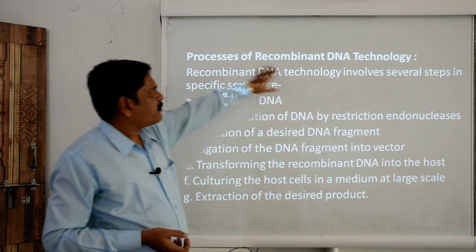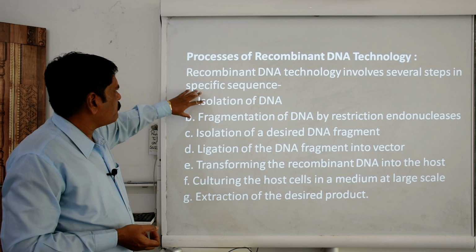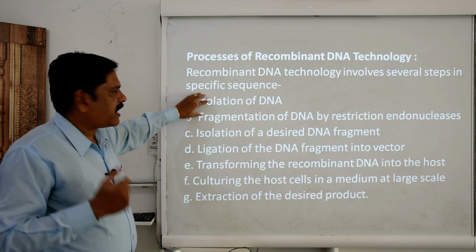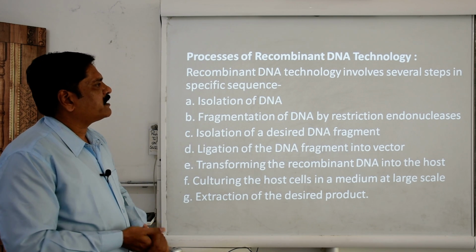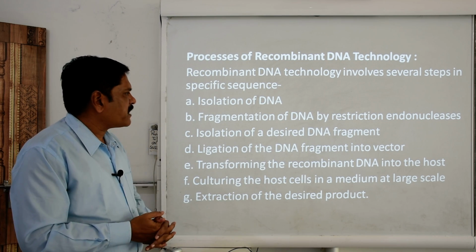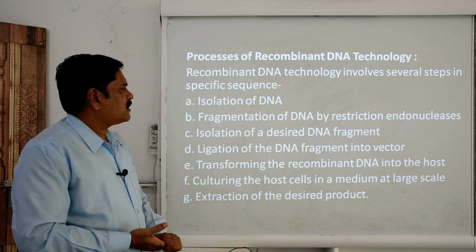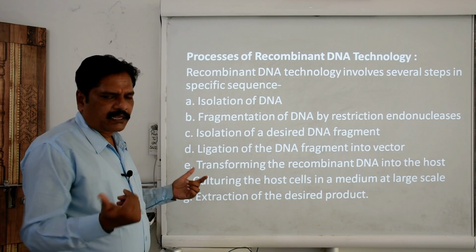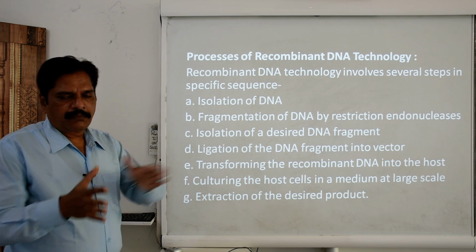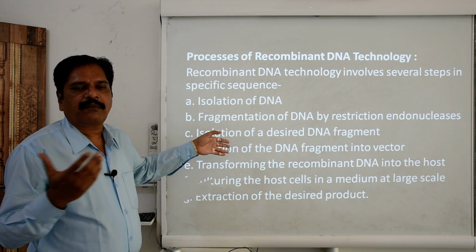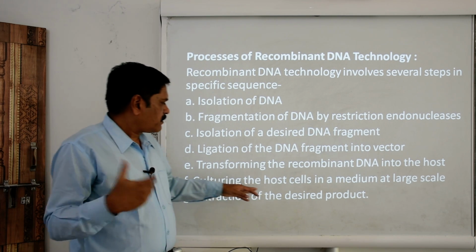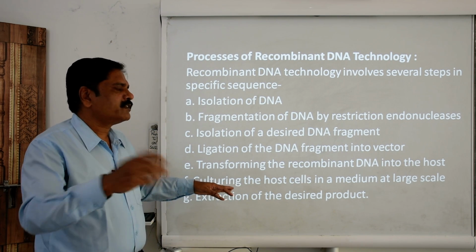Clear? So the process of recombinant DNA technology which we learned earlier: first of all we needed the isolation of the DNA, that means obtaining the desired DNA, then the fragmentation of the DNA by the restriction endonuclease enzyme, then the isolation of the desired DNA fragment, then the ligation of the DNA fragment into the vector, making the hybrid DNA, then transforming the recombinant DNA into the host, either by shooting with the gun or by using Agrobacterium infection or whatever procedure is suitable.